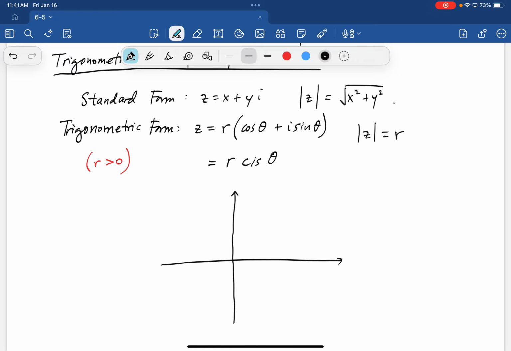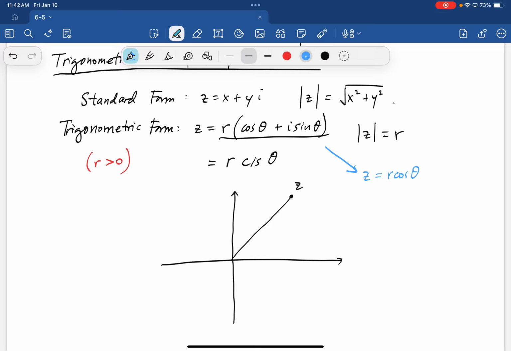Suppose that we have a complex number here, and this is our z. In standard form, this is x plus yi, but in trigonometric form, if we converted it from trigonometric form to standard form, then we would have z equals r cosine theta.